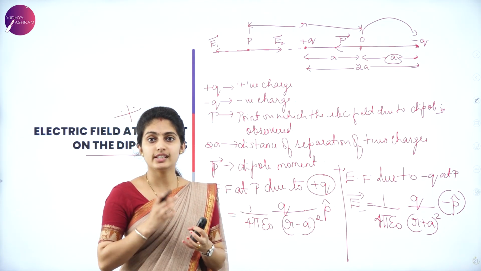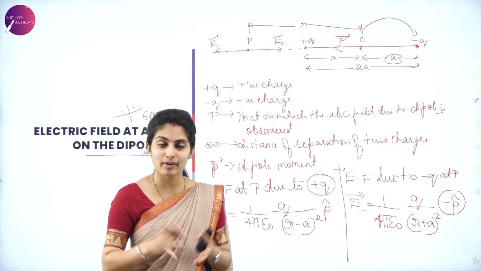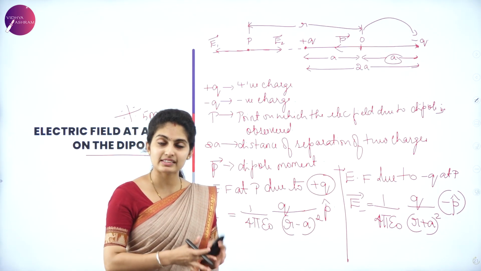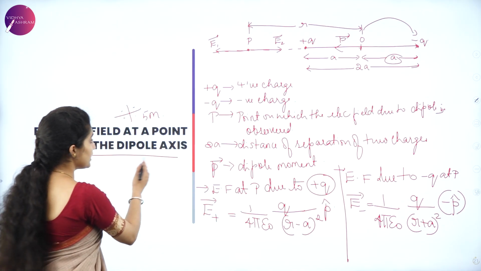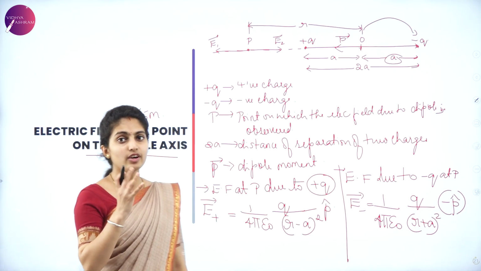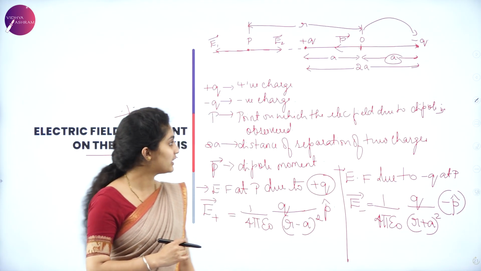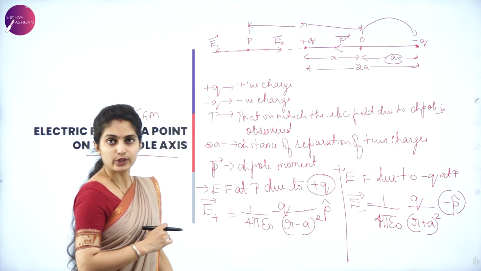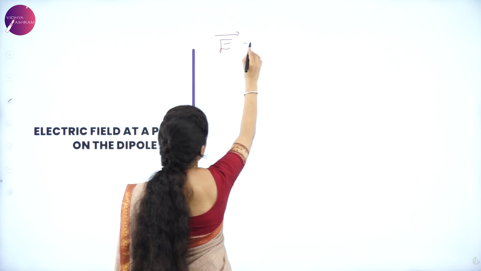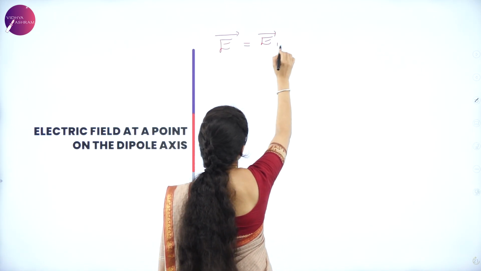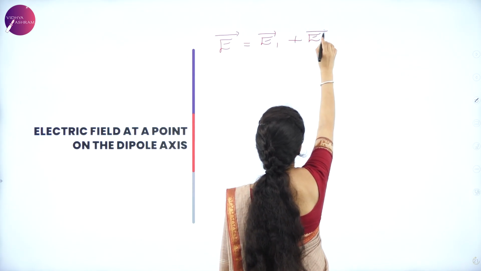Now the resultant electric field is the sum of E plus and E minus, which gives the electric field due to the dipole at a point P on the dipole axis. So let us sum up these two equations. Vector E is equal to E1 plus E2.